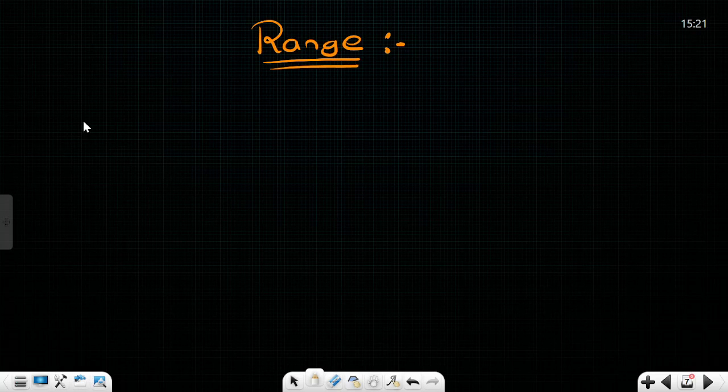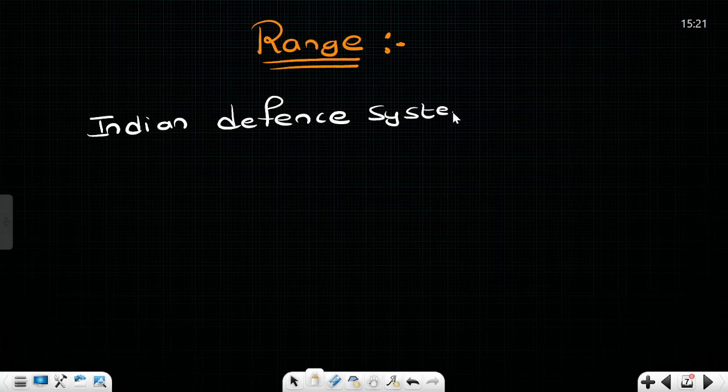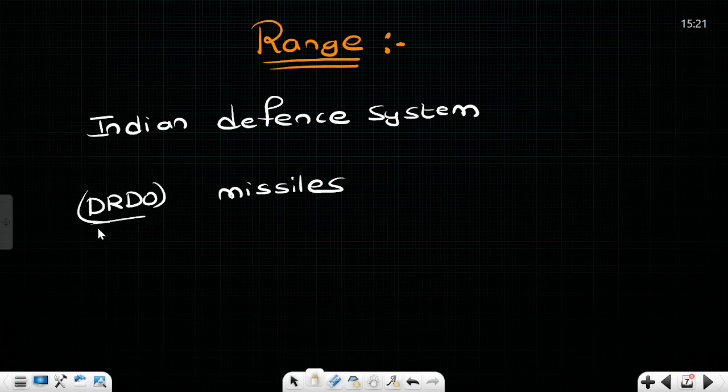In our Indian defense system, they create missiles. There is an organization called DRDO which does the research on missiles, and they create missiles.